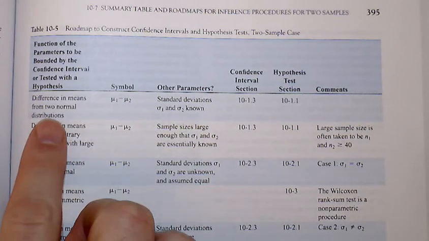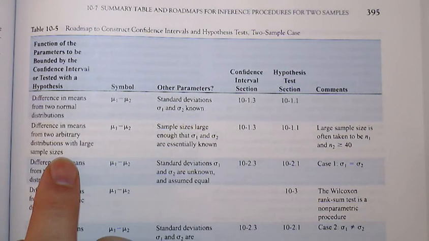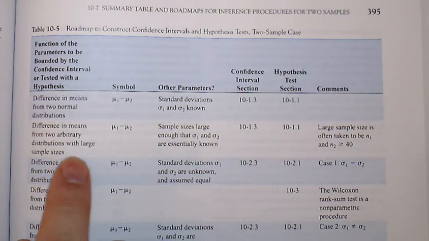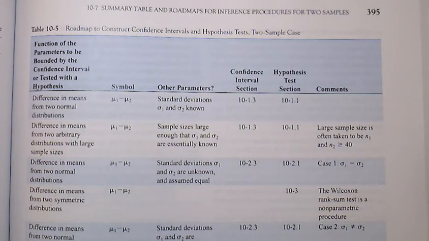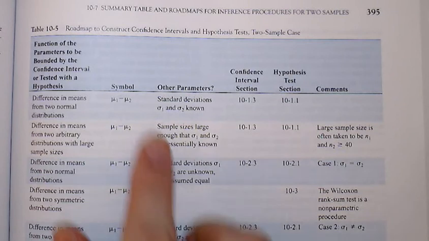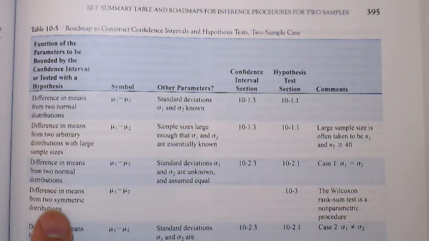So differences in means from 2 normal distributions, or 2 arbitrary distributions but with large sample sizes. Difference in the means from 2 normal distributions, or difference in means from 2 symmetric distributions. So there's a variation here. Now we didn't address this one. This is a rank sum test from a non-parametric procedure.